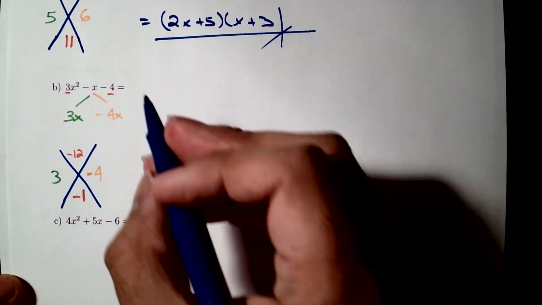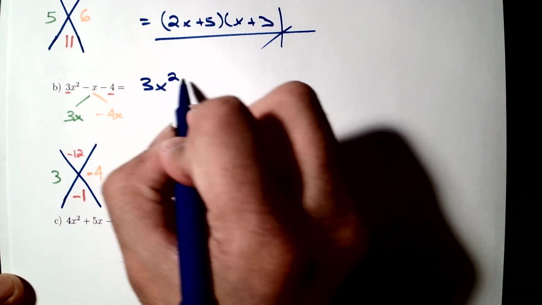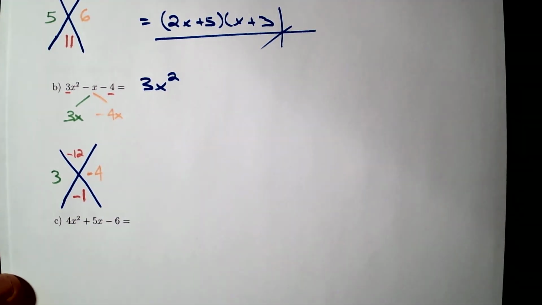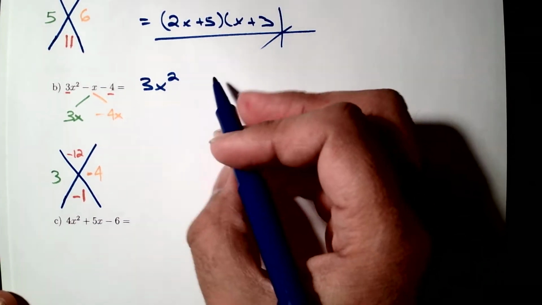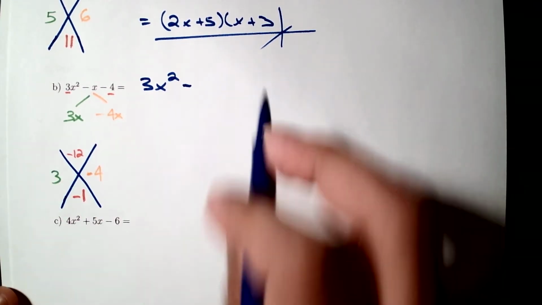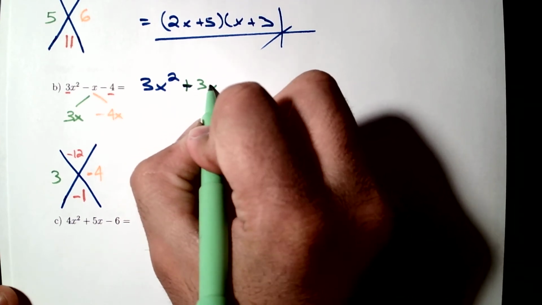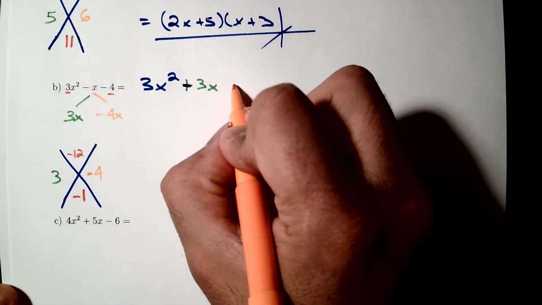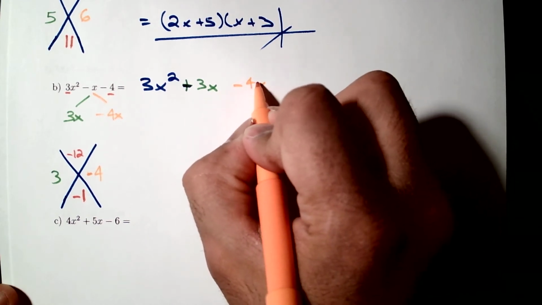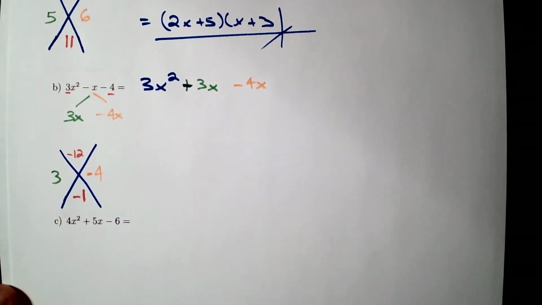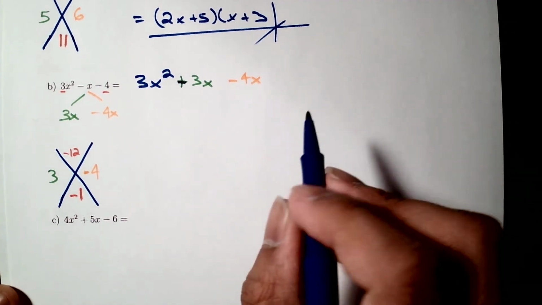So we do the following. 3x squared plus 3x minus 4x and then minus 4.